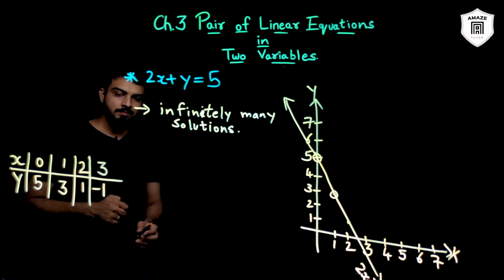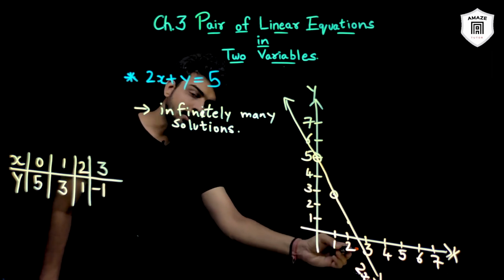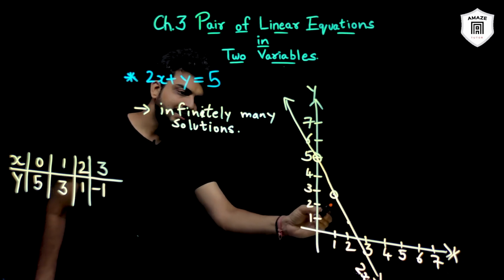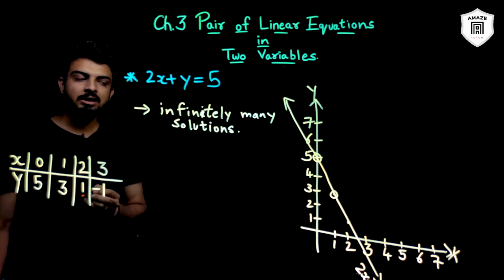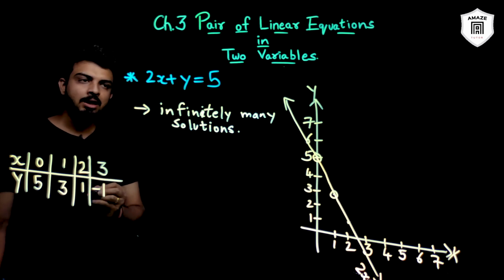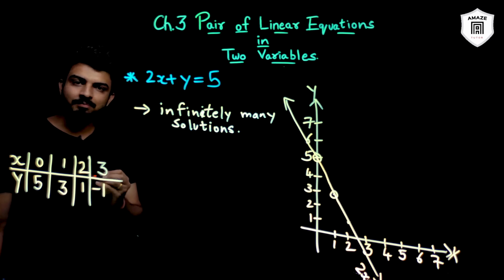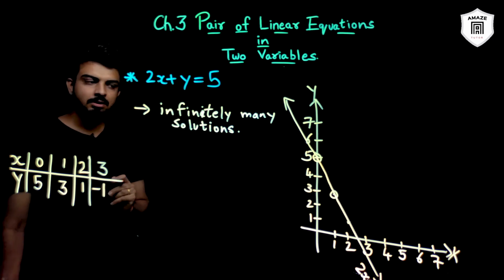That means all the points on this line represent solutions of this linear equation. So remember that whenever you are plotting a linear equation, you will get a line, and all the points on that line will be solutions of the given equation, right?